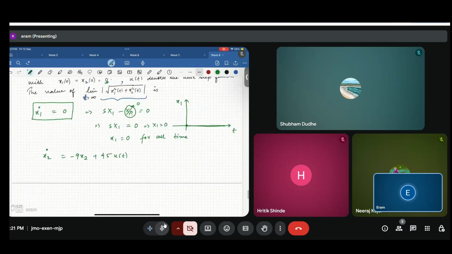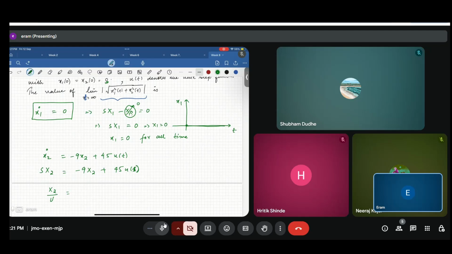If you do its Laplace transform by keeping the initial condition as 0, you will get s x2 equals minus 9 x2 plus 45 u of s. Try to find x2 by u, that is the transfer function.